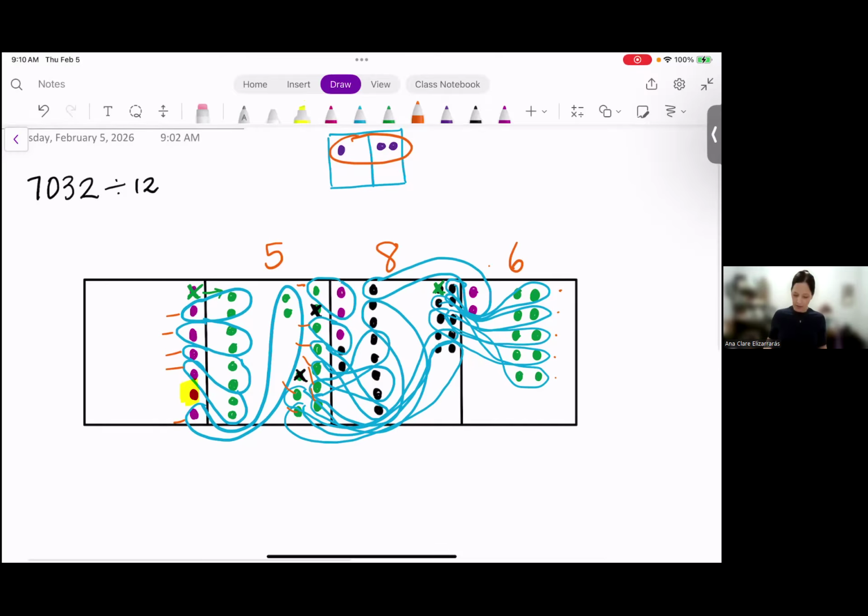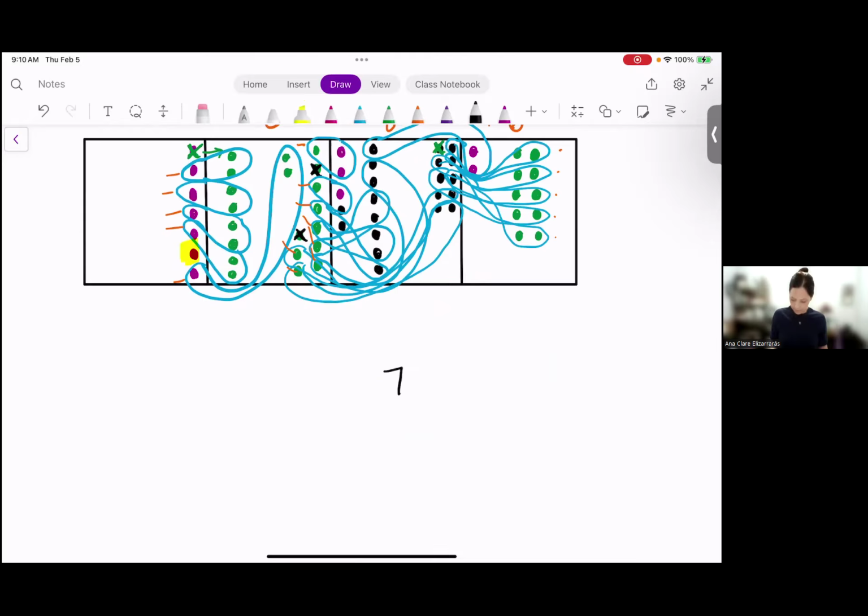Now, if we're going to take 7032 by 12, and I was to do the division algorithm, 12 doesn't go into 7, but it does go into 70 5 times. 5 times 2 is 10. 5 times 1 is 5, plus 1 is 6, and then I subtract. 12 doesn't go into 10, which means I did the right number with 5, but it does go into 103 8 times. 8 times 2 is 16. 8 times 1 is 8, plus 1 is 9.